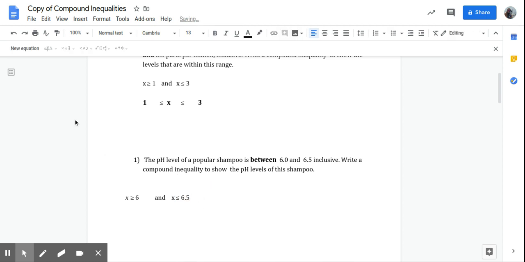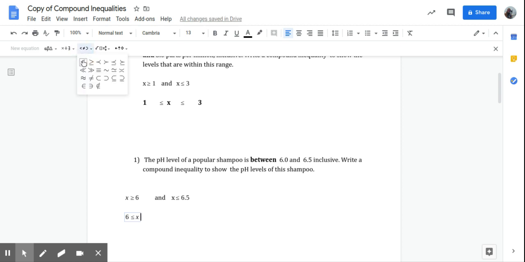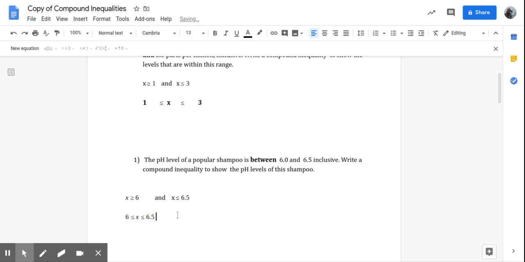And then you just have to write it in the standard form. So you're going to have 6 is less than or equal to x. You can pick pH if you want. You could pick a different letter. I always seem to go with x every time. And 6.5. And that would be your final answer.